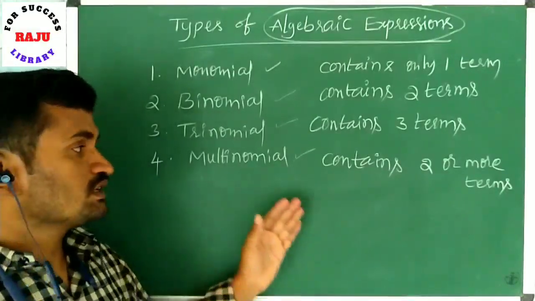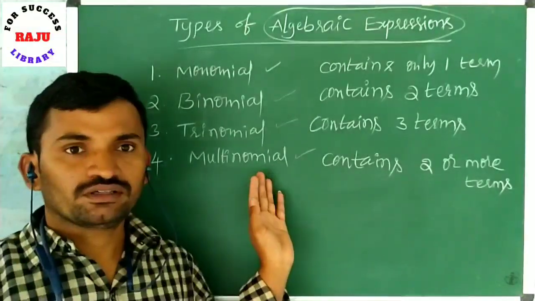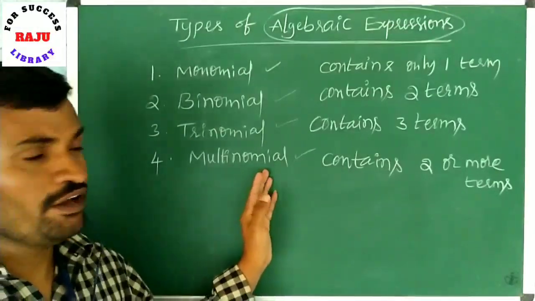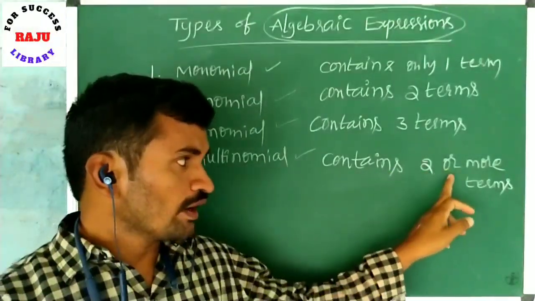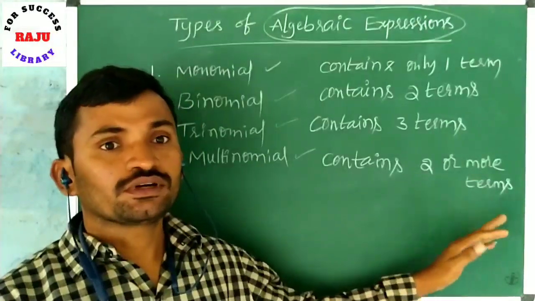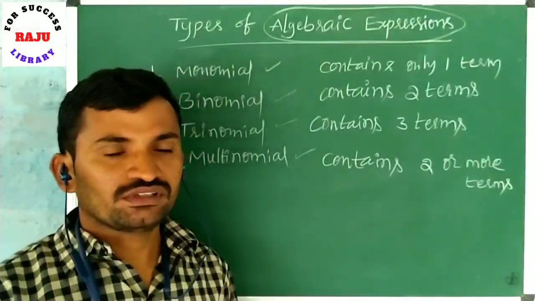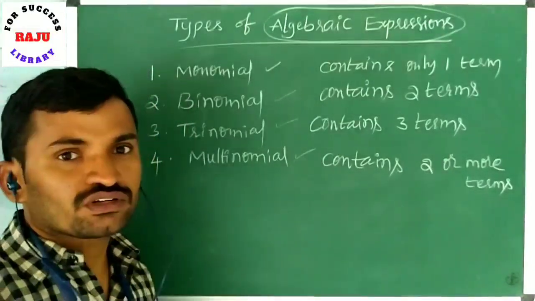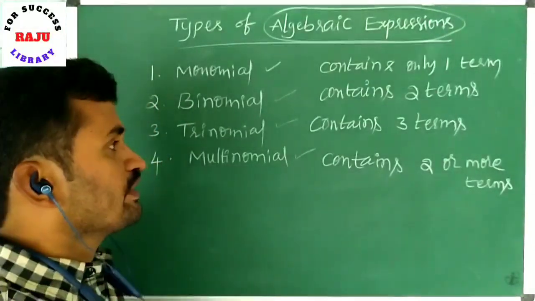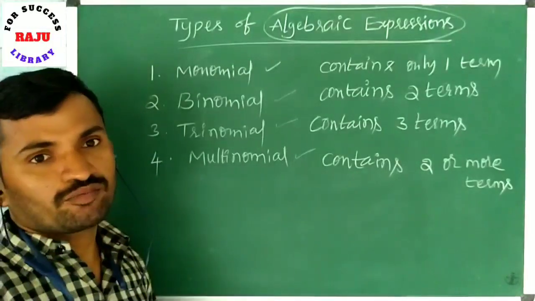Let us see the next one, multinomial. Multinomial means what? If an algebraic expression contains two or more terms, see, it is very important. If an algebraic expression contains two or more terms, then we can call it a multinomial.